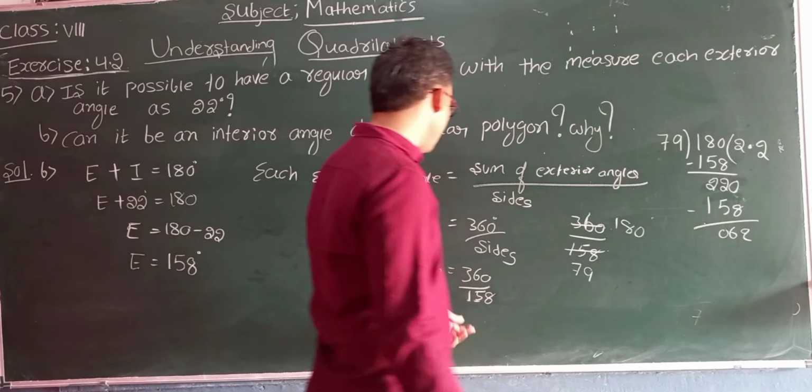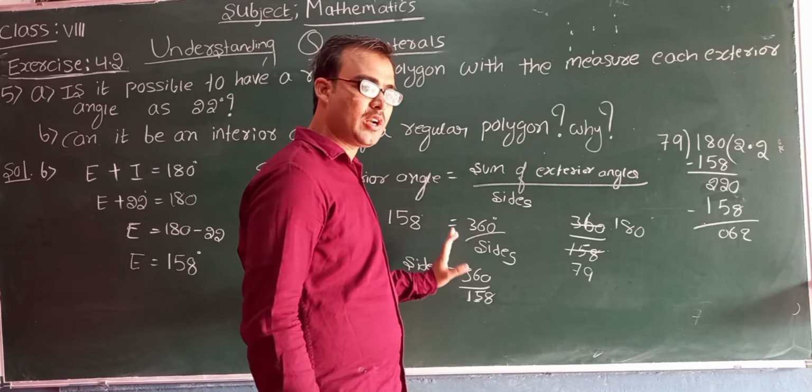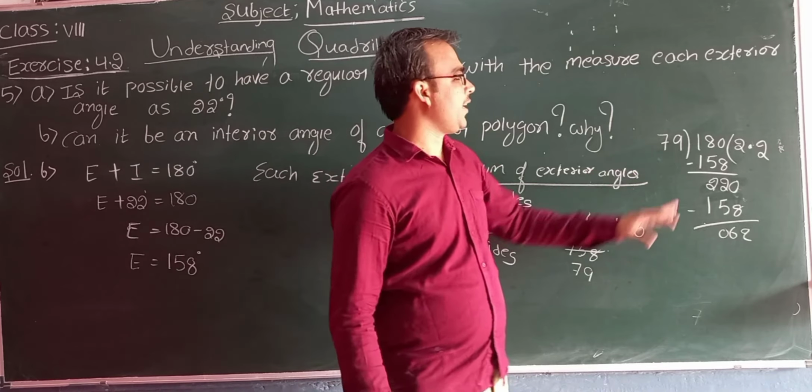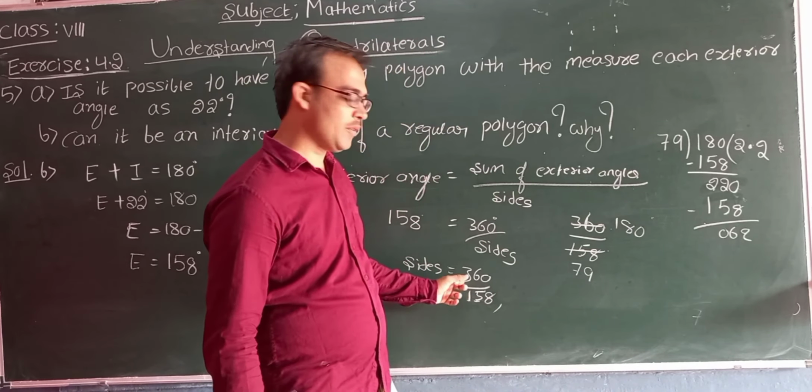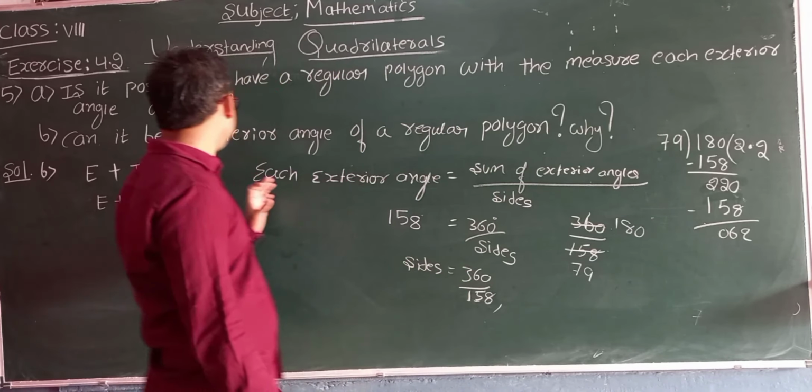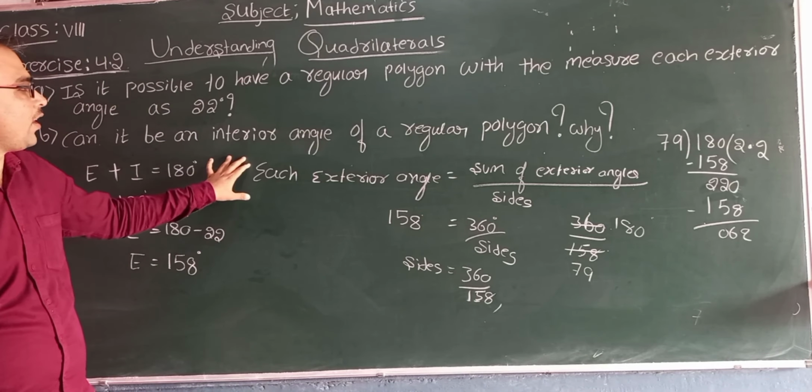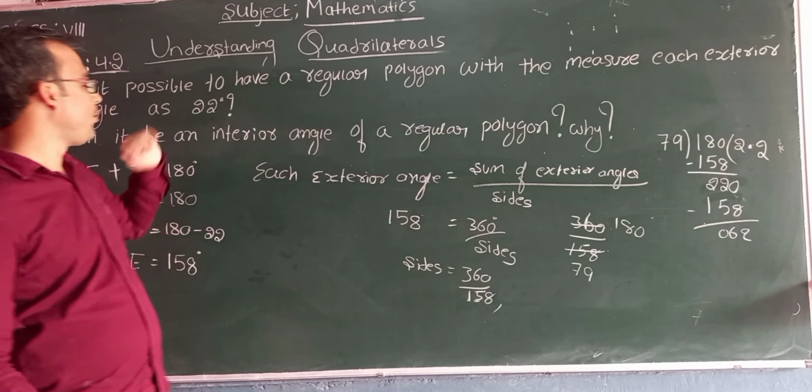It means that 158 is not a divisor of 360. As we are not getting an exact number, it is not a divisor of 360 degree. It means that it is not possible to have an interior angle of a regular polygon as 22 degree.